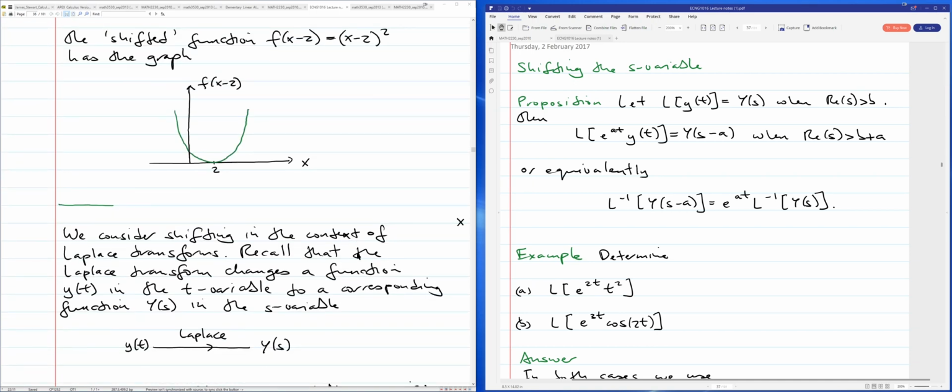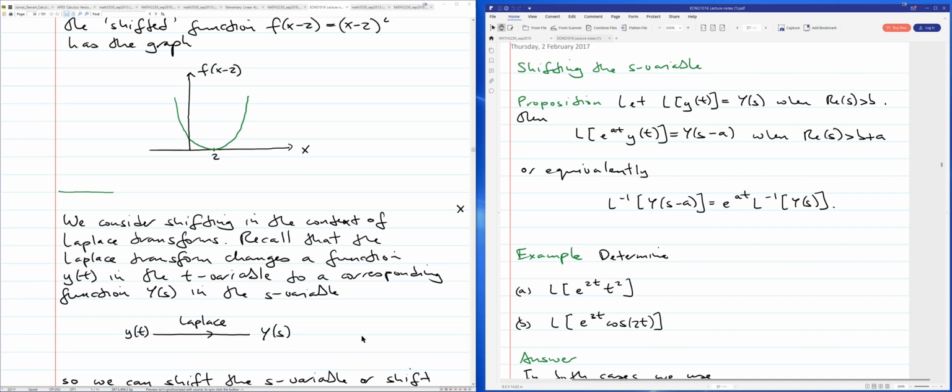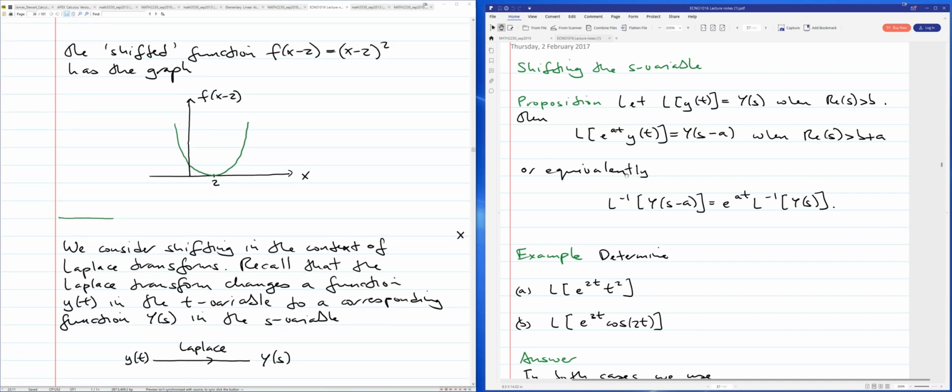So as I said, here what we're doing is taking Laplace, so you have functions of t and you have functions of s, and I can shift either one. The easier case is actually when you shift the s variable. So what is this shifting of the s variable formula? Here I have my standard notation: Laplace of the small y of t is equal to big Y of s.